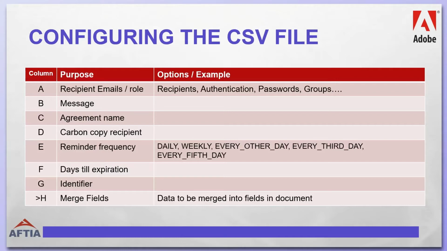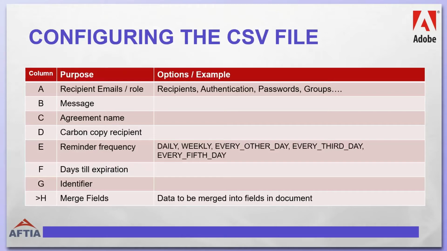So column A will always be used to identify the recipients, as well as their role, their authentication type, if you're going to pass in passwords, and if you want to use a recipient group as well. Column B will be a message. C is agreement name. These are all pretty straightforward. D is a carbon copy recipient.